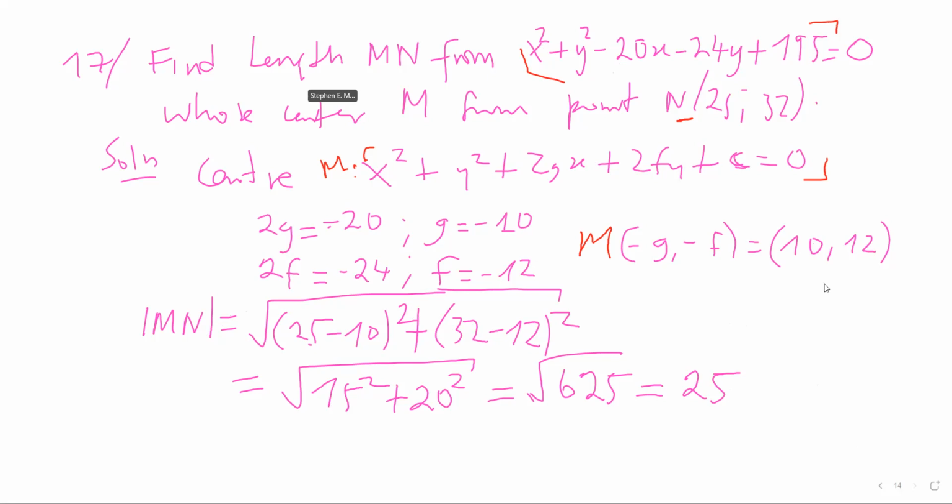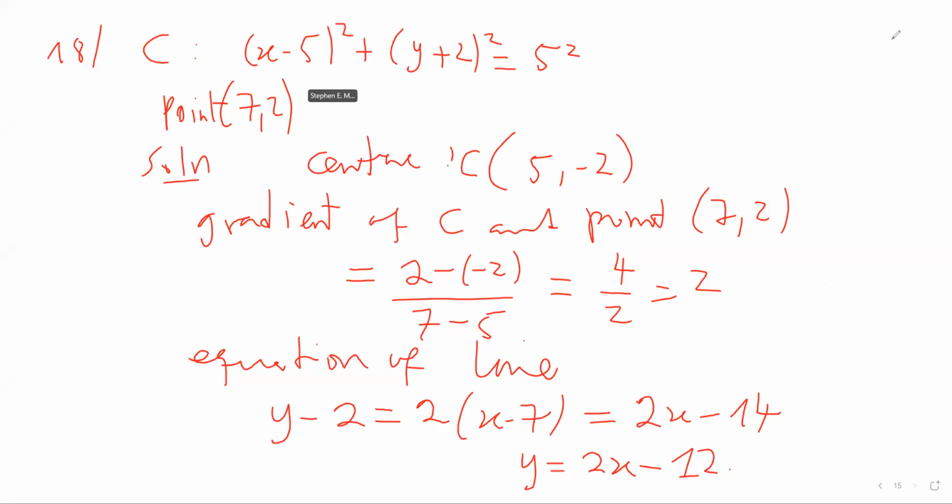Okay, then finally, we want to derive the equation of a line through the center of the circle C, which is given by (x minus 5) squared plus (y plus 2) squared equals 5 squared, and goes through the point (7, 2). So here it's very, very straightforward to do.